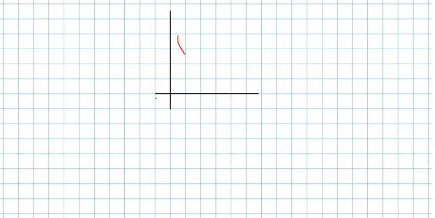Although if you open a book it will show you a perfect U like this, in actual practice when you do your practical you will find something like this. Let me name this: this is the angle of deviation, this is the angle of incidence. Now, two things to note from this graph.